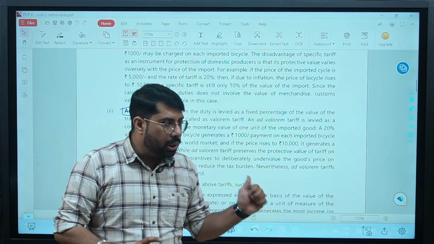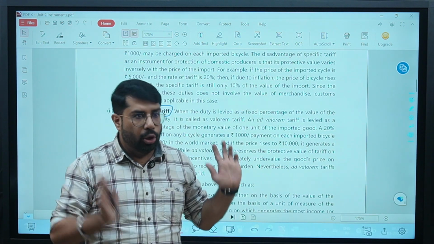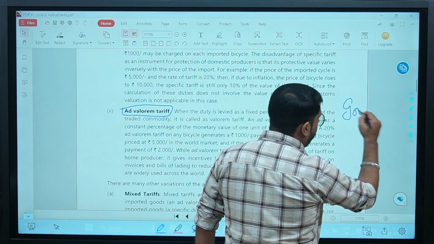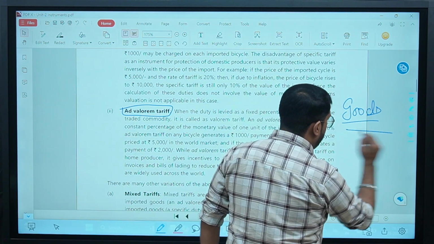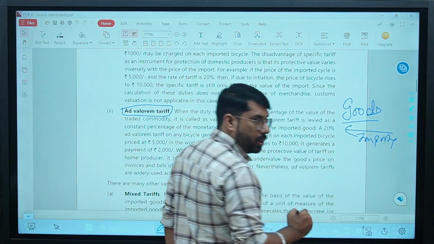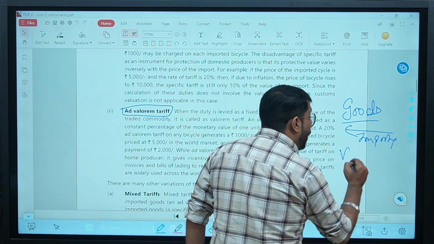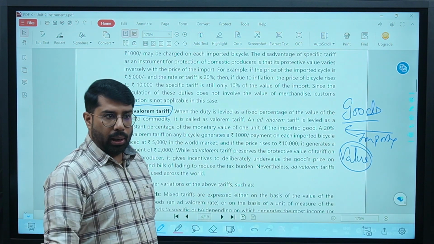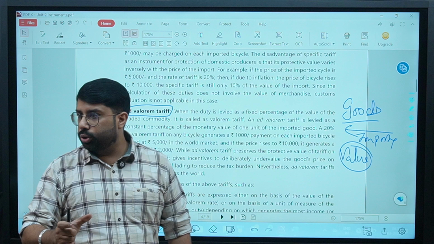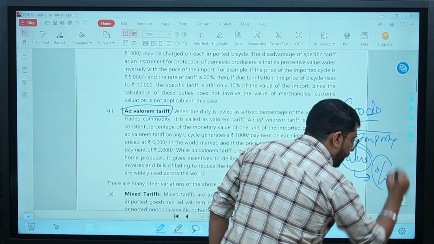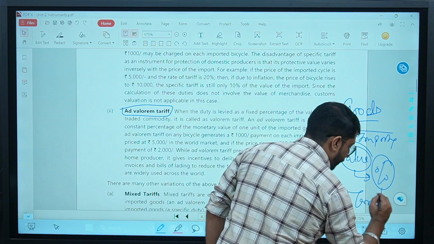We are least concerned about the weight or measurement. What we are saying is, whatever goods you are importing, look at the screen please, what is the value of the goods? Tell us the value of the goods. And whatever the total value of the goods will be, on the value, a particular percentage will be charged as a tariff.